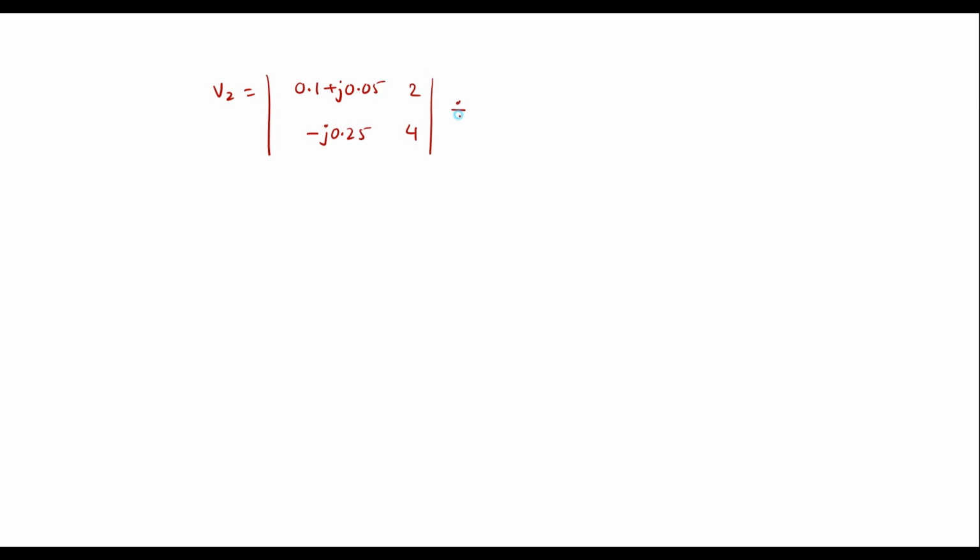Find the determinant of this divided by delta. The determinant of this will be 0.4 plus j0.7, divided by delta. So solving this we will get V2 equal to 8 plus j5.33. So this is the V2 value.